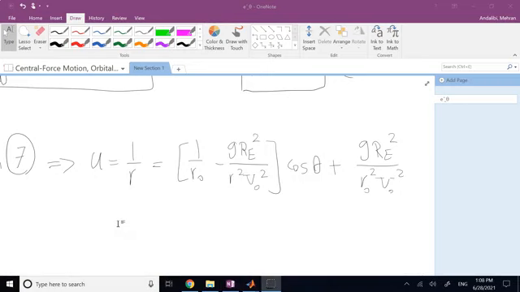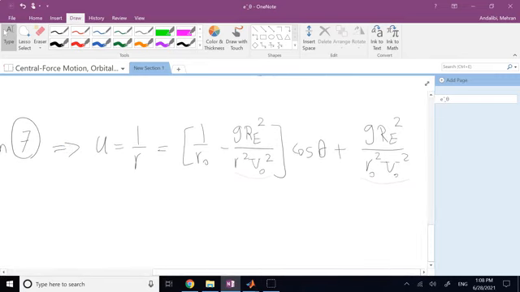Okay, and you can see these two terms here are the same thing, correct? This term and this term. Good. So here, again, I'm going to define a new term.